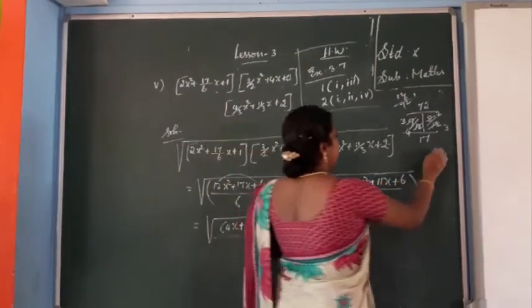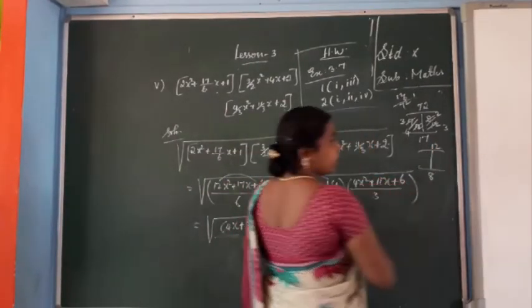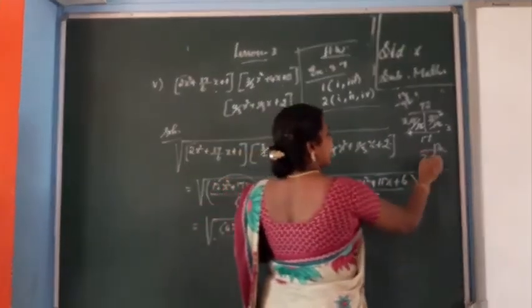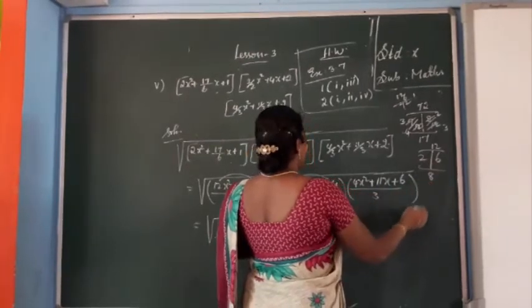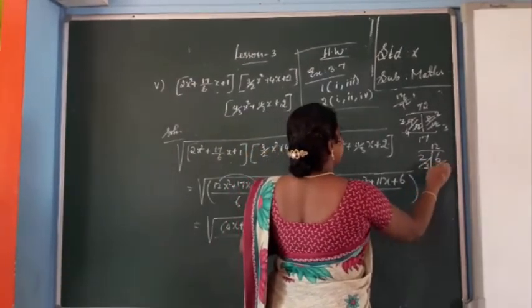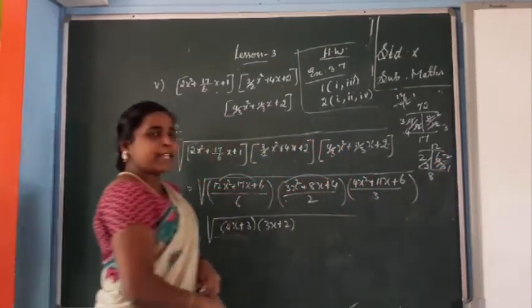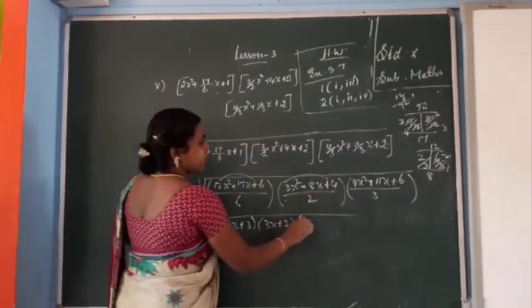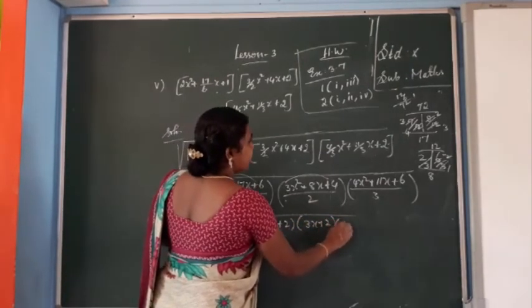Product is 12, sum is 8. What are the possibilities? 2 6s are 12, 2 plus 6 is 8. Coefficient of x square is 3, so divide by 3. 1 3 is 3, 2 3s are 6. First part we cannot simplify. So the factor is 3x plus 2 into x plus 2.